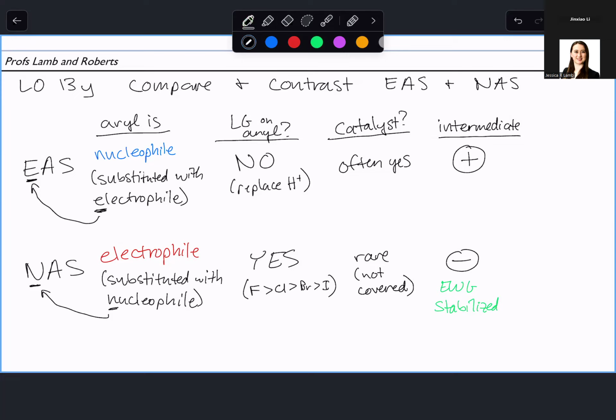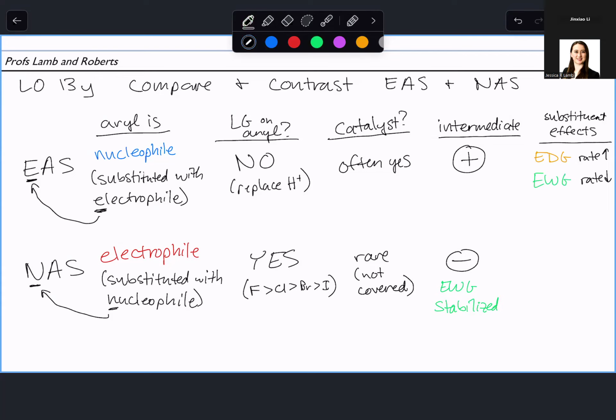And then we have our substituent effects. So for EAS, we spent 2 full lectures talking about how electron donating groups make the rate go up, and electron withdrawing groups make the rate go down, right?